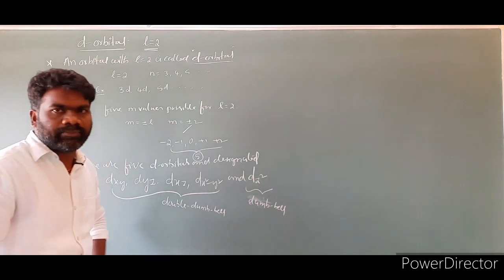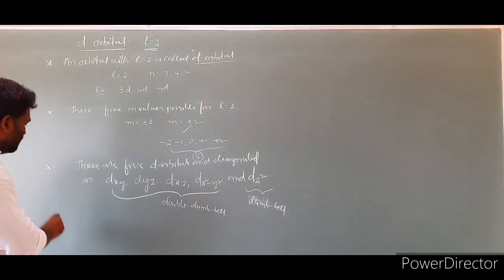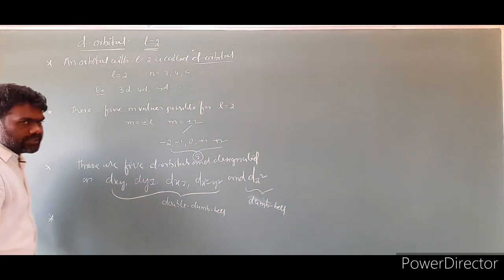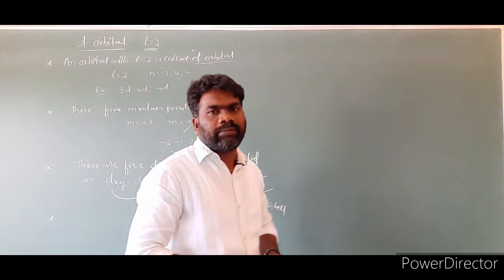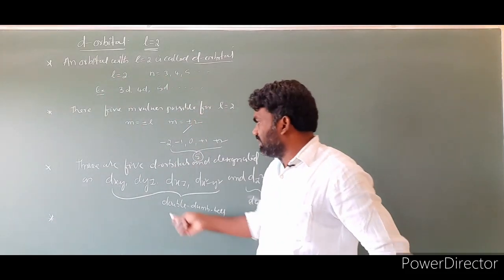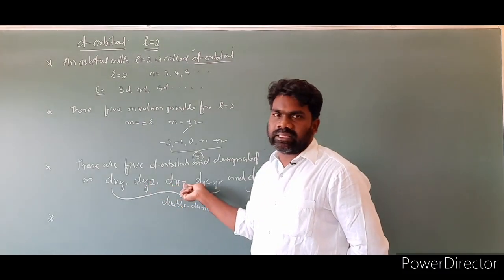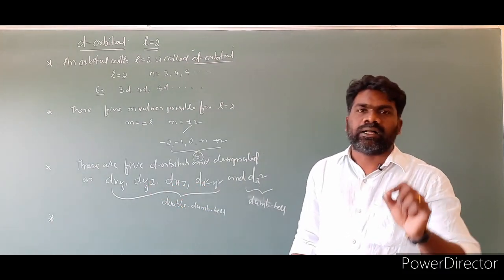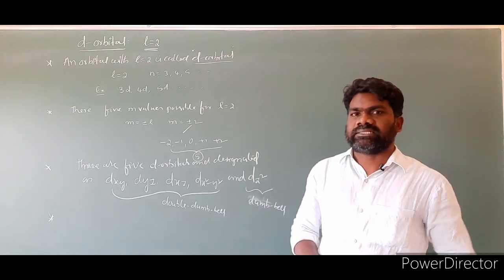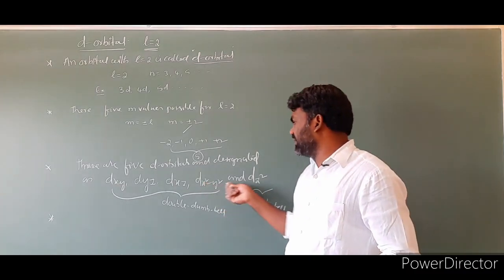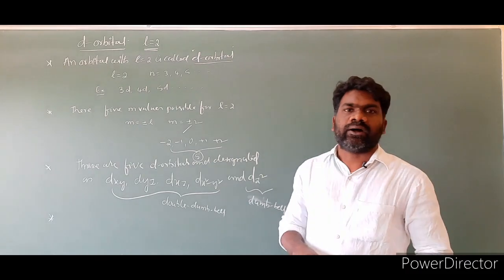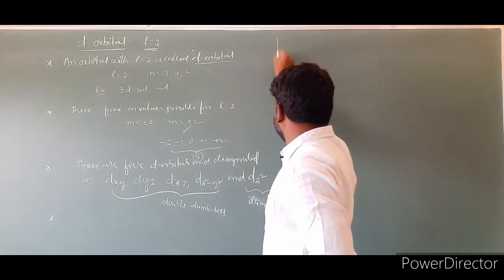And another important point, while drawing the structures of these d orbitals: in dxy, dyz, and dxz, these three cases, lobes are lying between the axes; in dx square minus y square and dz square, lobes are lying on the axes.